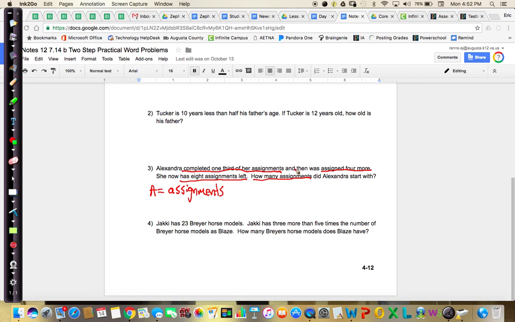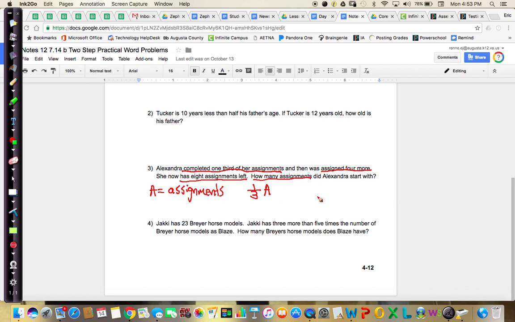Okay, now we have to figure out how we're going to write this. So let's look at this. Alexandra completed 1/3 of her assignments. We know that of means multiply, and we know that we write 1/3 like this. And if we want to show multiplication, we put the fraction in front of the letter. We don't need to write a multiplication symbol. And then was assigned 4 more.